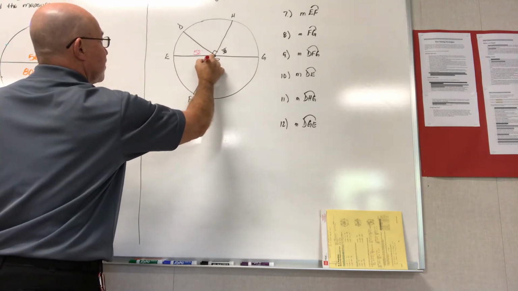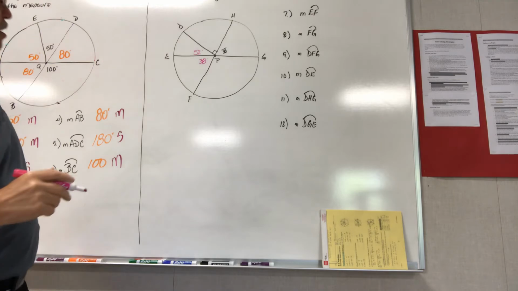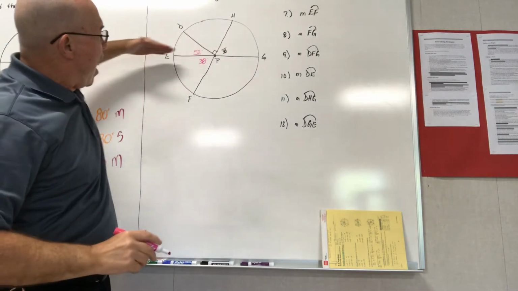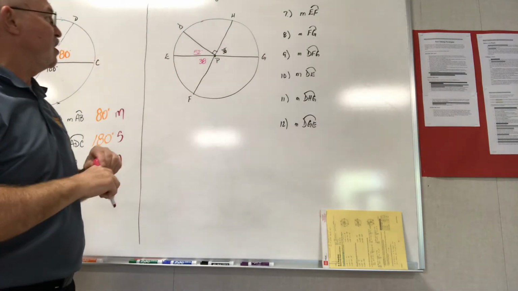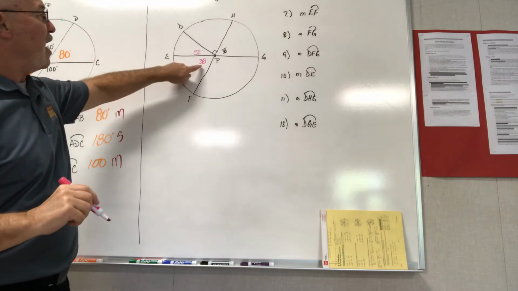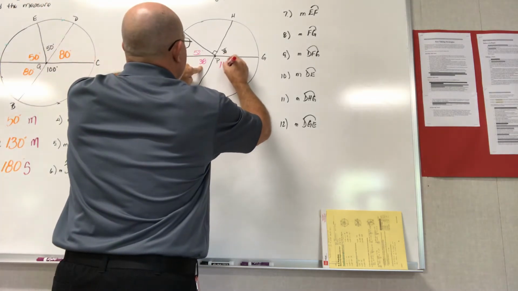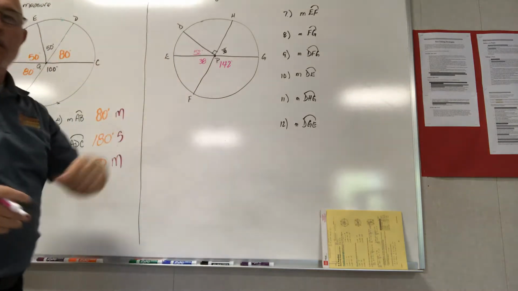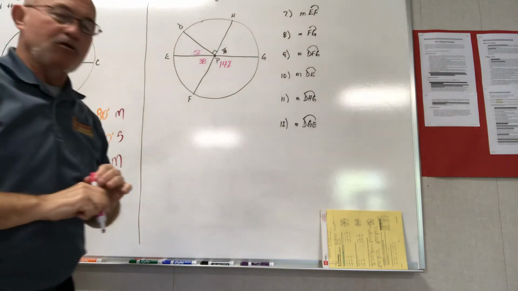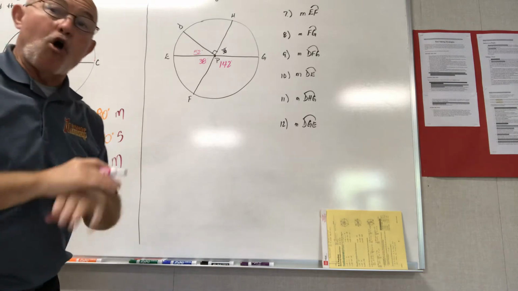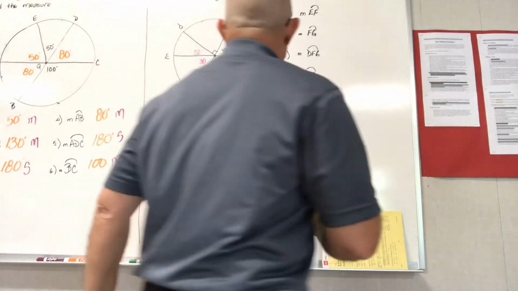If that's 38, that's 38. I have a half circle, that's 180 degrees. 180 minus 38, 142. I have all the angles and therefore the arcs already. Here we go.